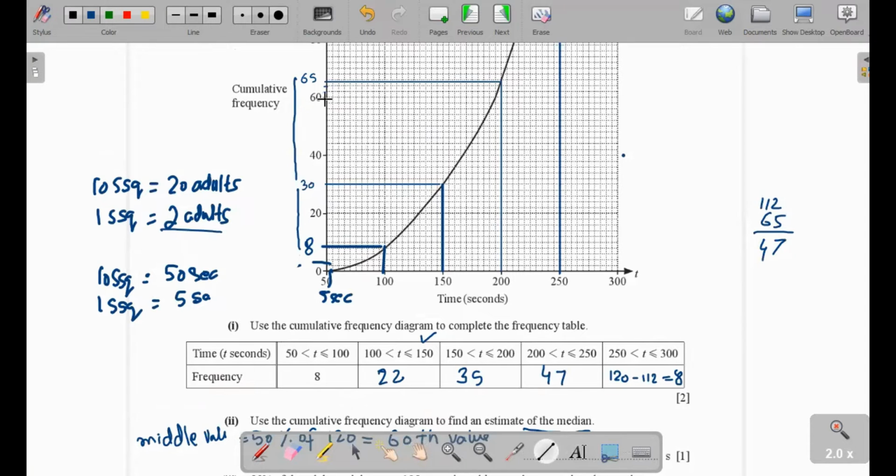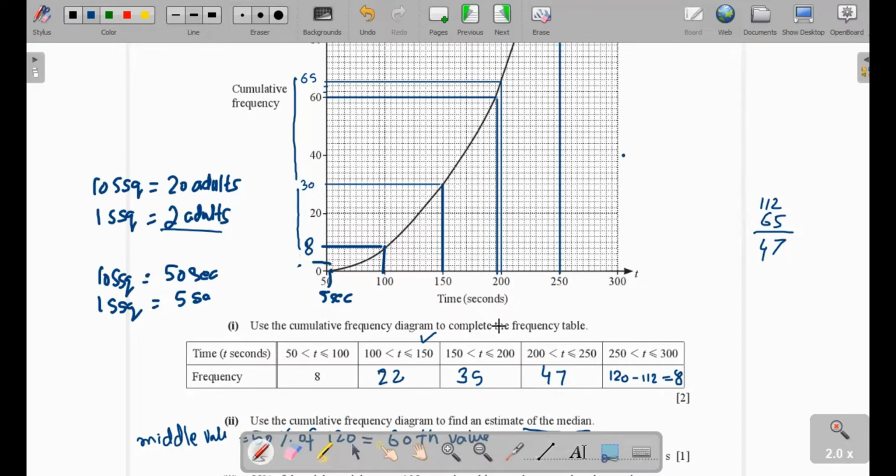To find the 60th value, we draw a line from 60 towards the curve, and that line meets the curve at this position. From this position, we draw a perpendicular line to the time axis to find the time. Now we see that it is one square before 200.